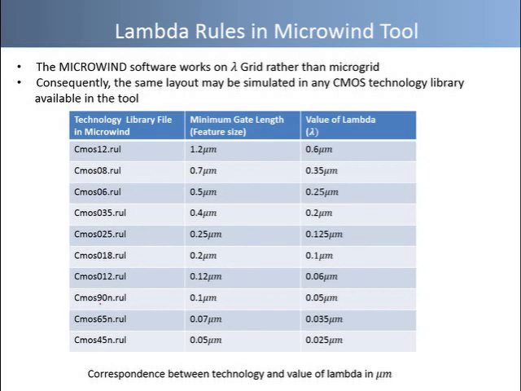For example, 90 nanometer technology is selected by the file cmos90n.rul. It has a feature size equal to 100 nanometer and the value of lambda is equal to 50 nanometer. Similarly, for 45 nanometer technology, the feature size is 50 nanometer, whereas the value of lambda is equal to 25 nanometer.